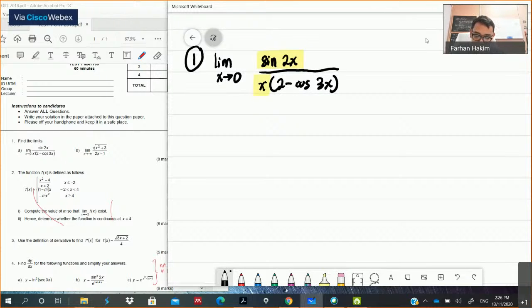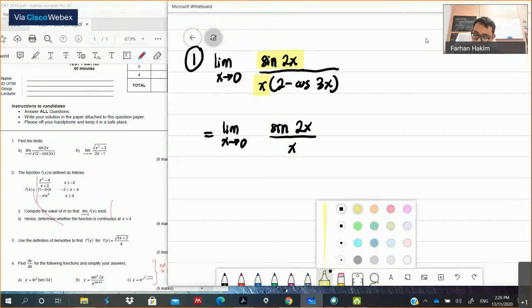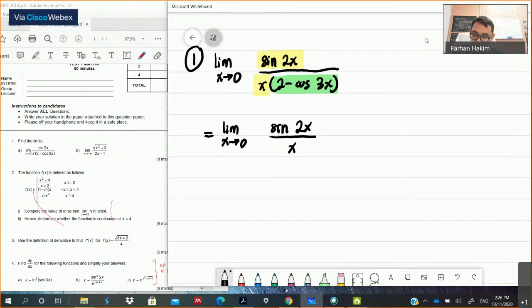So how to do that? Let's make it separately. The limit as x approaches 0 of sine of 2x over x, and the part I highlight in green will be 1 over 2 minus cos 3x.